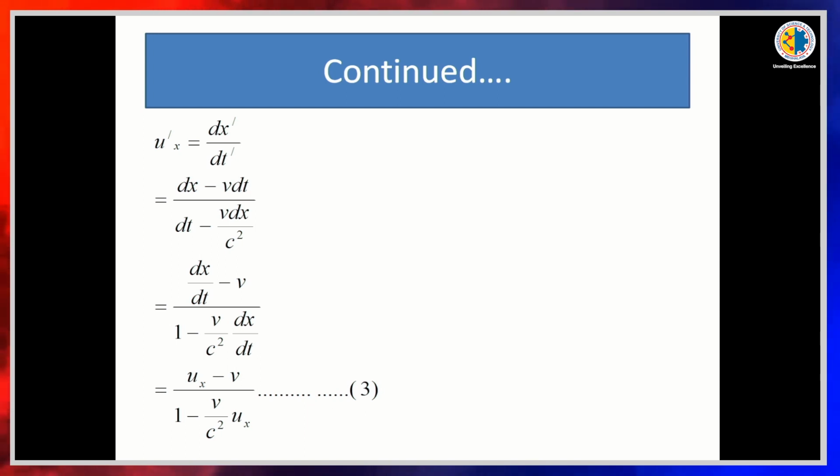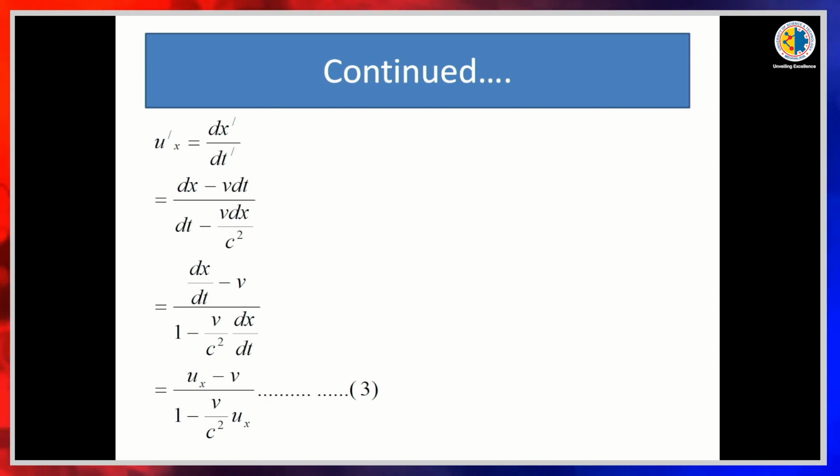Now, dividing by dt, we get dx minus v dt divided by dt minus v dx by c square. After dividing each term by dt, we get dx by dt minus small v divided by 1 minus v by c square times dx by dt.